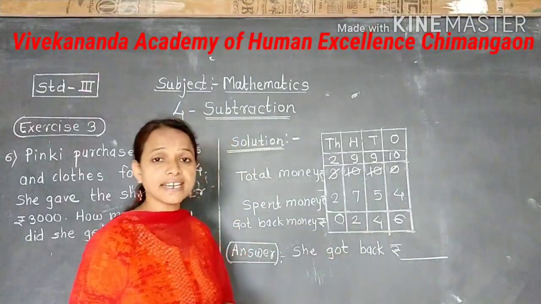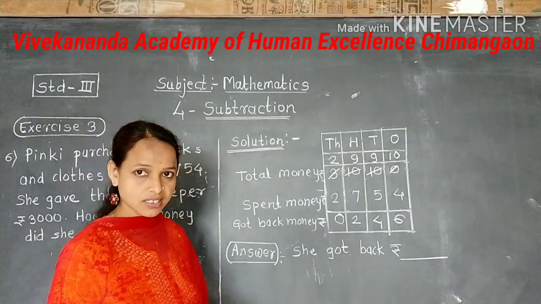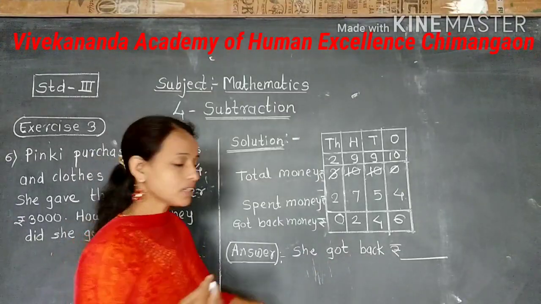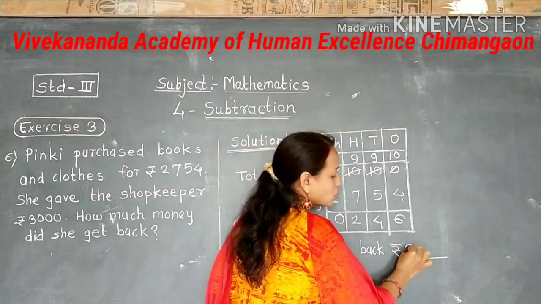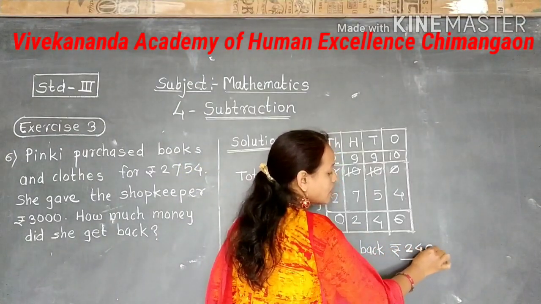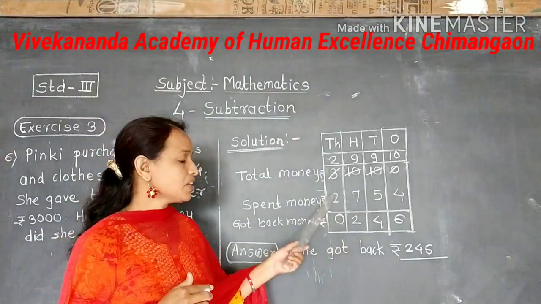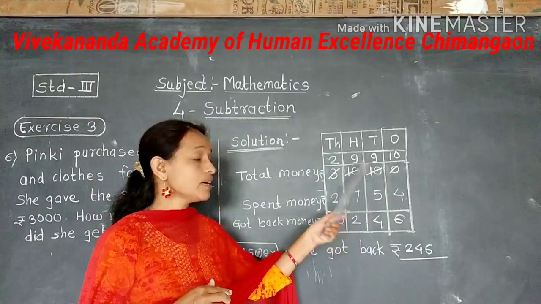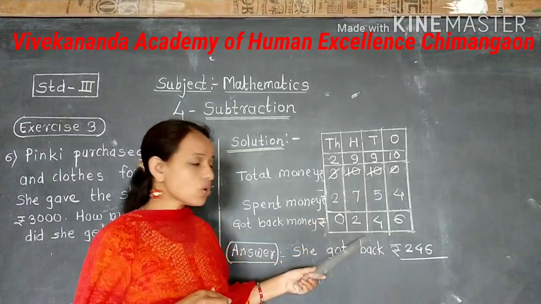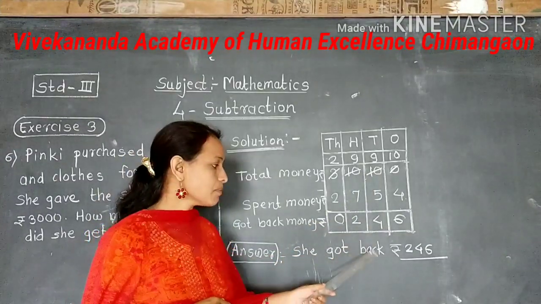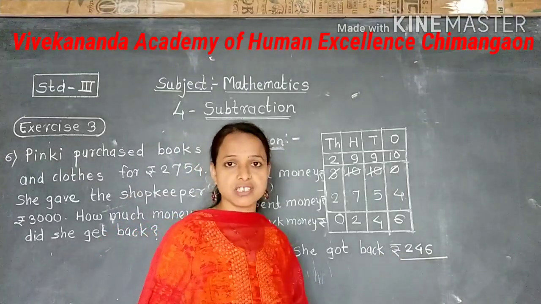Rupees 246. This is our answer. How did we get that answer? By subtracting 2,754 from 3,000, we got the answer 246. She got back rupees 246.